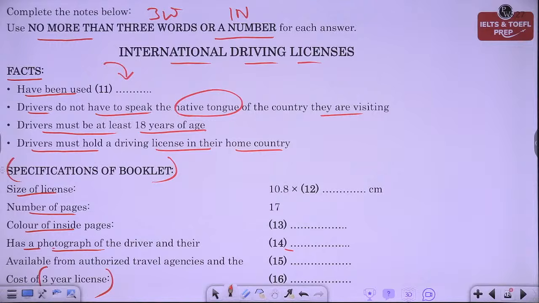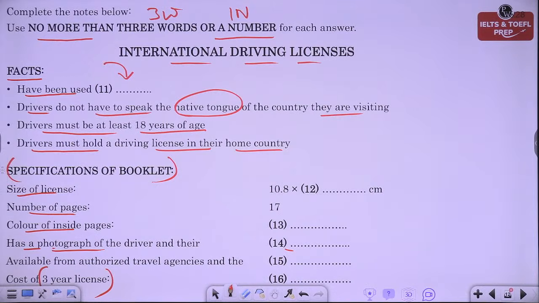Yes, guys. Are you guys done reading questions? Should I play the audio now? Okay, fine.